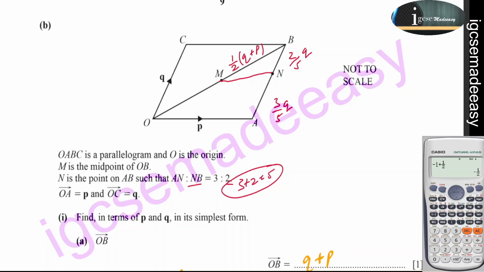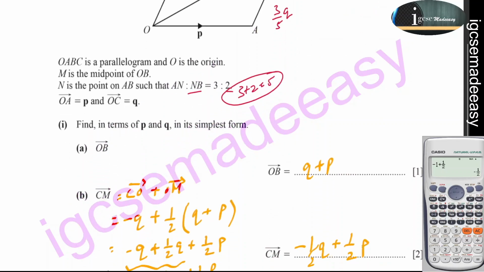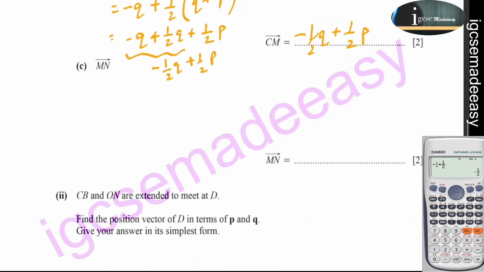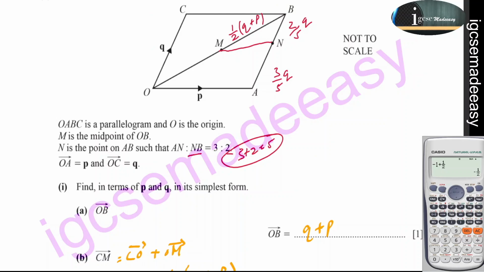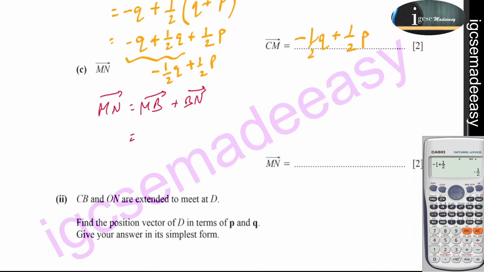That is the value of NB, but instead of that, MN is actually MB plus BN. MN equals MB plus BN vector, and MB equals half of q plus p, which can be written as q by 2 plus p by 2, plus BN.